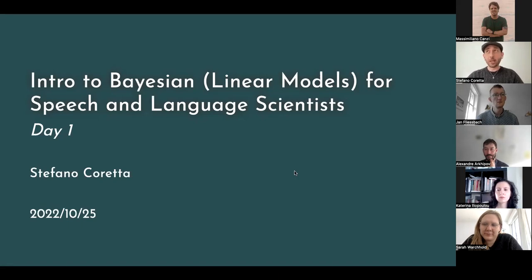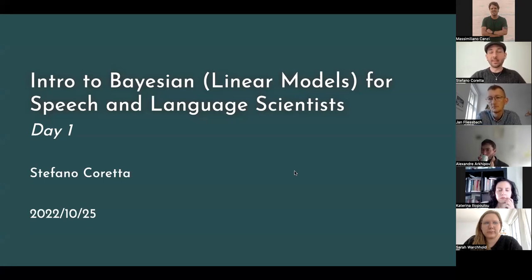One other thing is that the workshop assumes familiarity with R, with linear models, for example, using packages like lmer, and with the tidyverse packages. The tidyverse packages are not necessarily that important, but definitely understanding how linear models work is fundamental, because I'm not going to have the time, alas, to go through the basics of linear models. The workshop focuses on linear models done within a Bayesian framework.